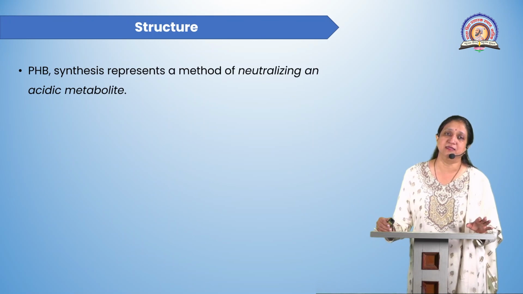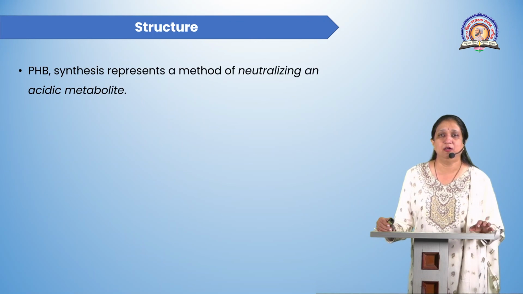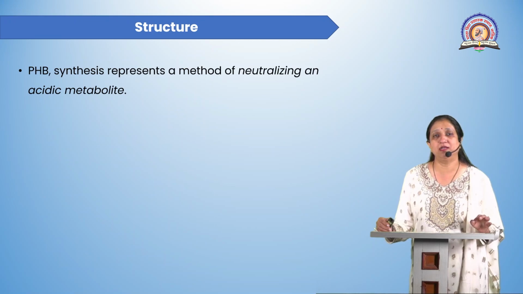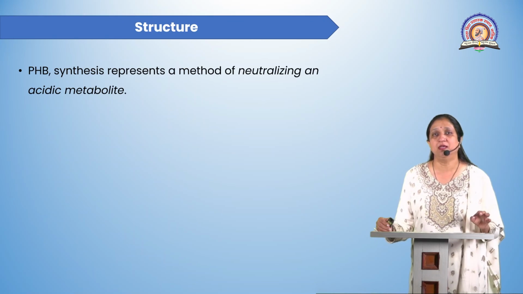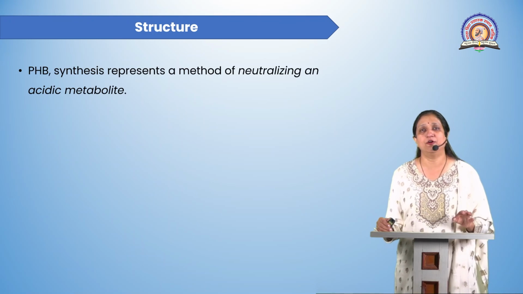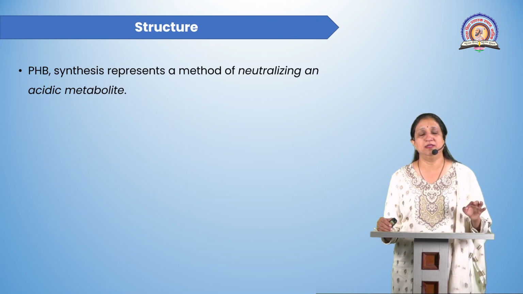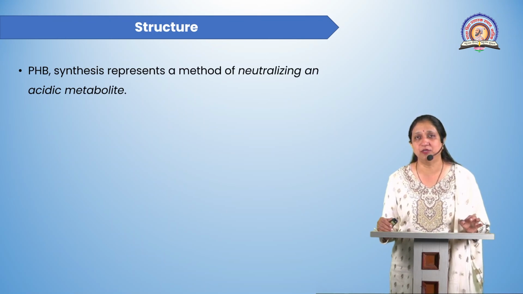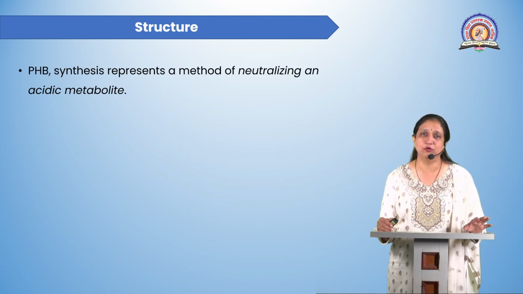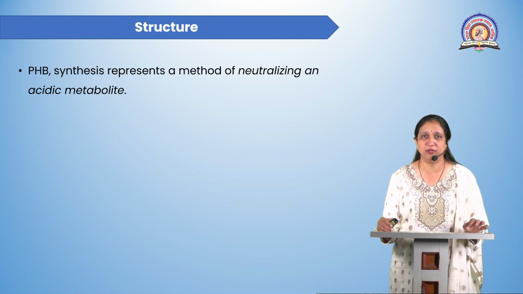PHB synthesis represents a method of storing or neutralizing the acidic metabolite that is produced in the degradation of glucose or in the catabolism of a sugar, mainly the glucose molecule, which produces the pyruvic acid.